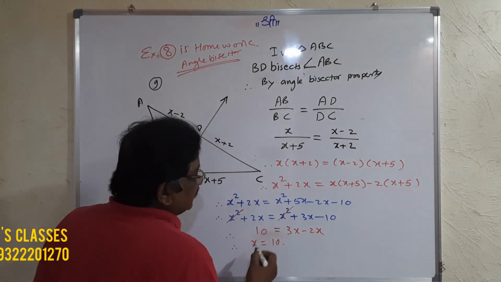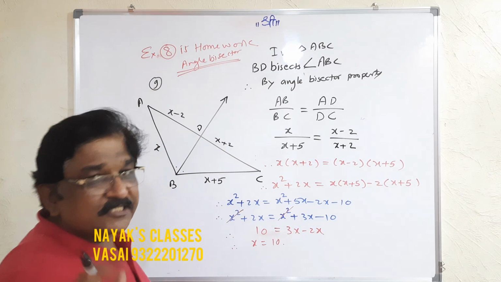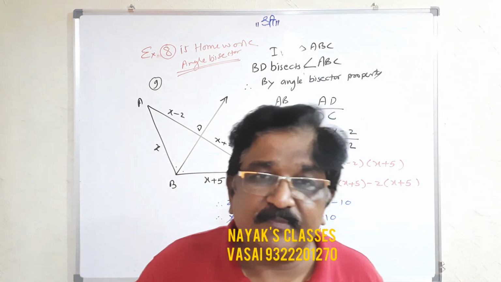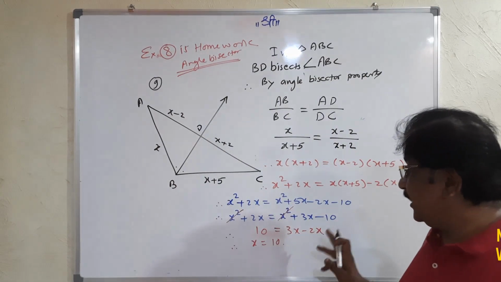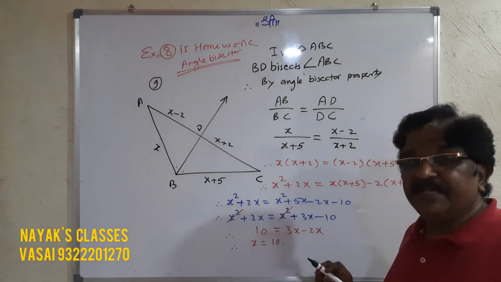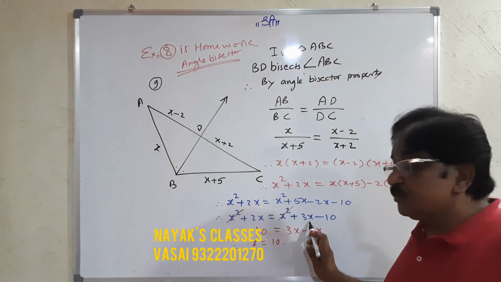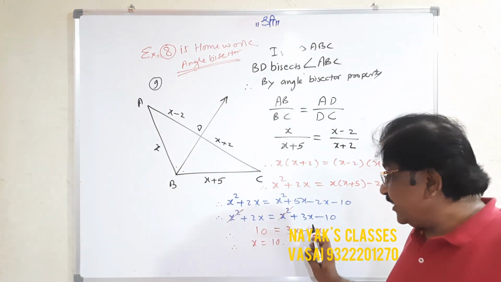Subtracting X square from both the sides, X square is gone, and now 2X is remaining on the left hand side and 3X is remaining on the right hand side.